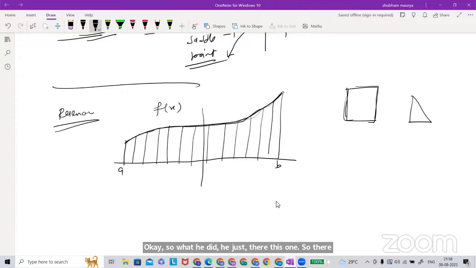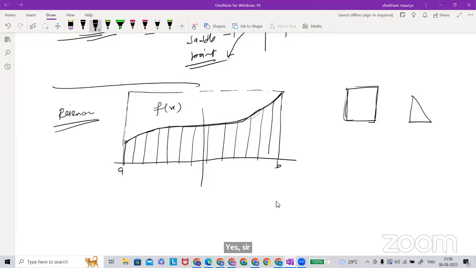First he drew a rough diagram and calculated the area by making a rectangle here. By this way he calculated and said that the approximate area under the curve is this one, but it is not correct, because this portion is included in that area.